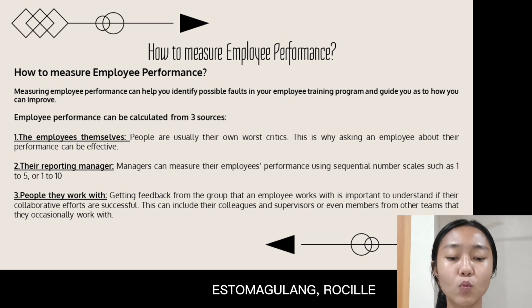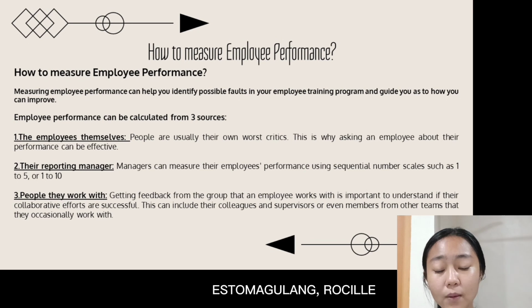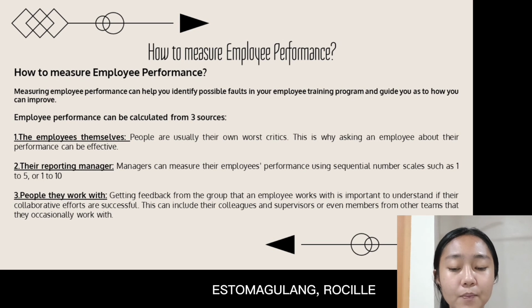Managers can evaluate the work of their employees using a number of scales like 1 to 5 or 1 to 10. In addition to measuring the quality and speed of work, you should also look at how well an employee understands the tasks, works with other teams and members, and shows that they are committed to their job.